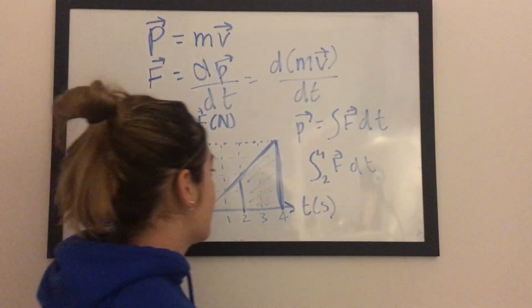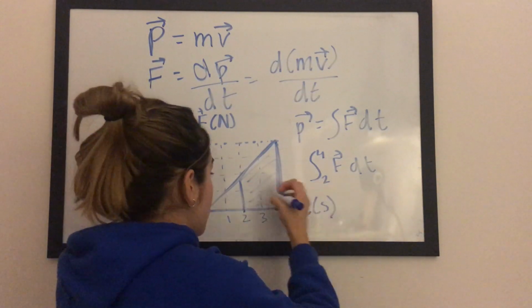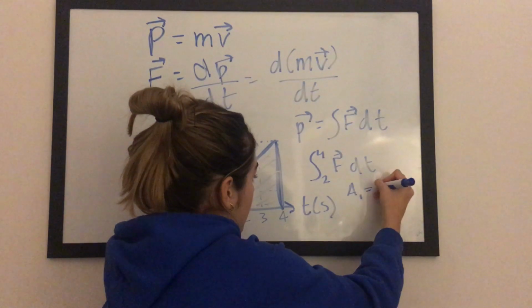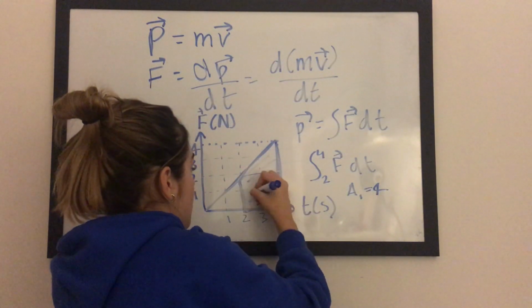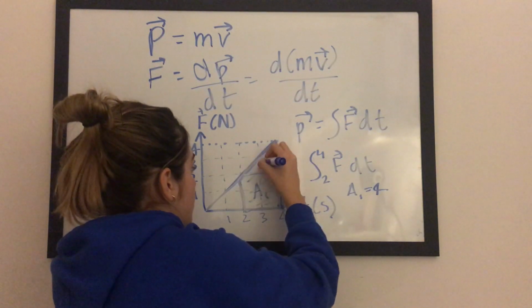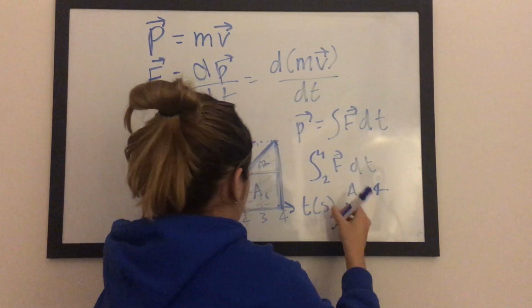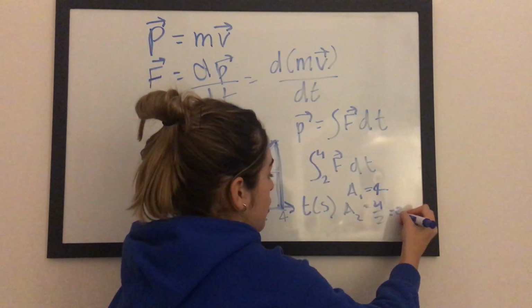A simple way, very easy, you can just multiply 2 times 2 is 4, so that's area 1 equals 4. Just to specify, this is area 1, then area 2 is going to be 4 divided by 2, which is equal to 2.